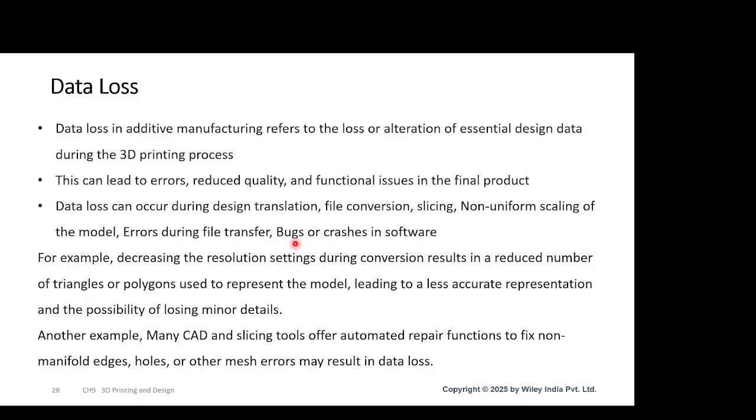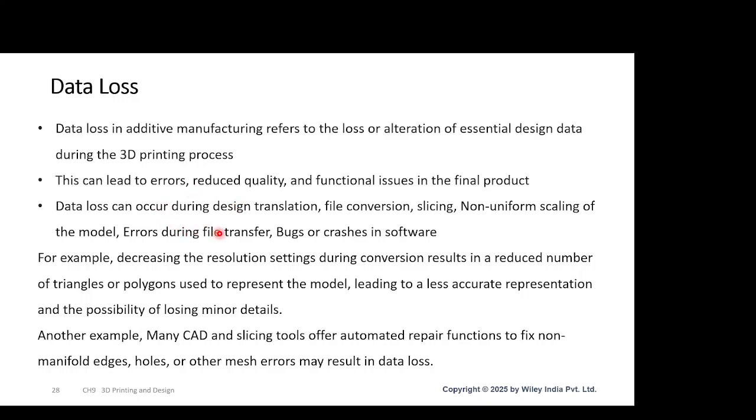For example, if a picture is at 100% and we convert it into 200%, we scale, zoom in or zoom out, you see that the image gets distorted. Same is the case when you convert 3D models.